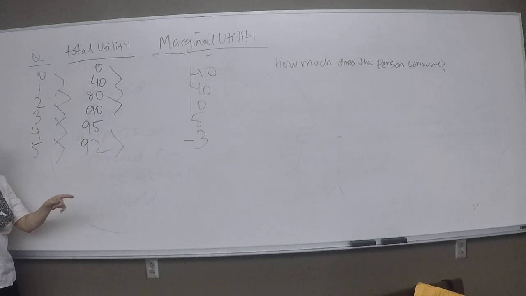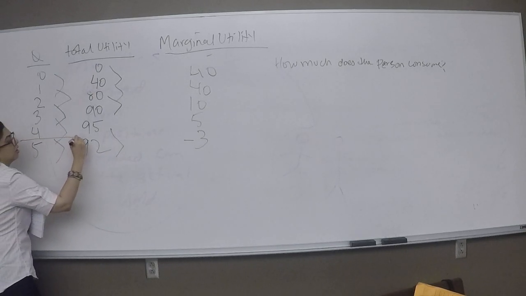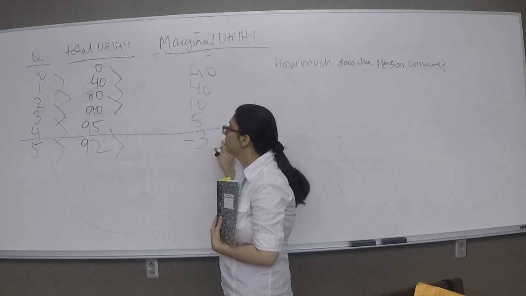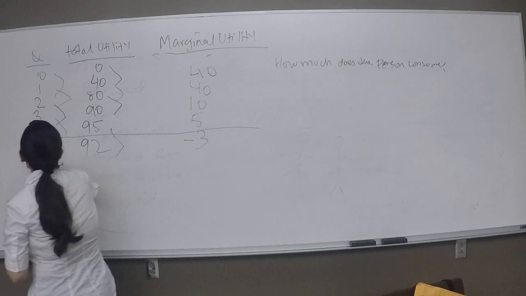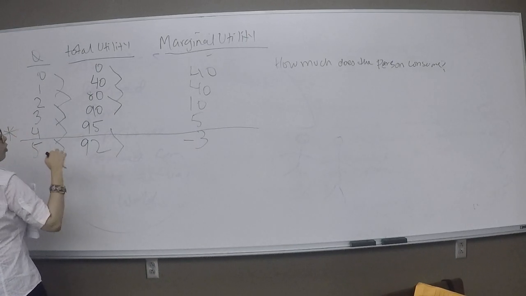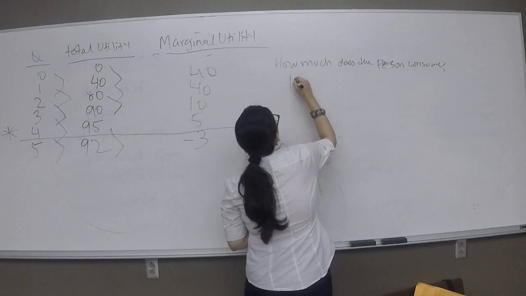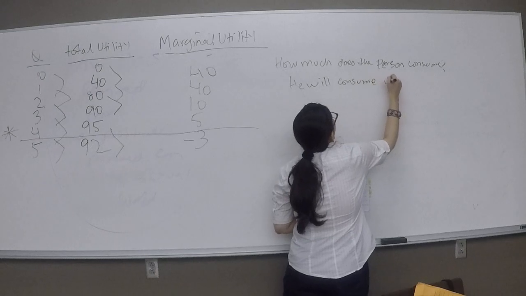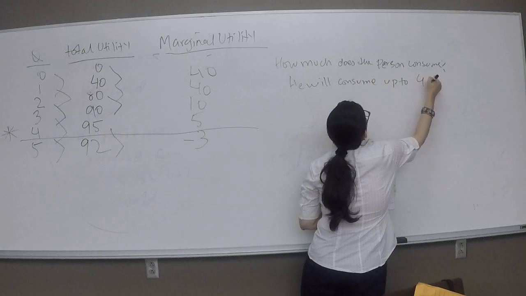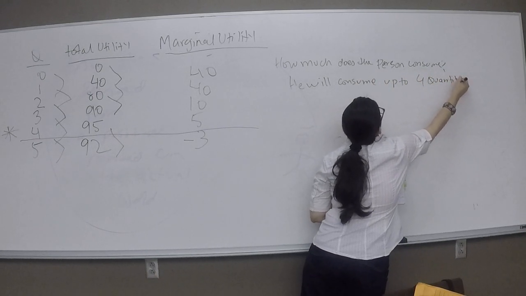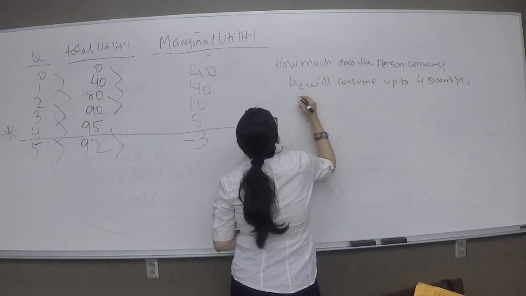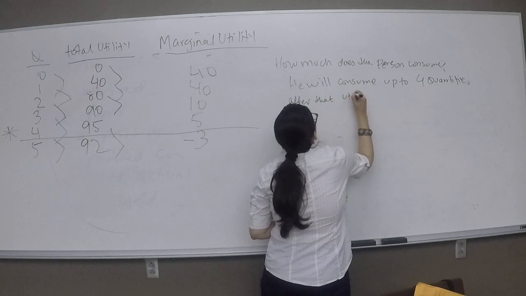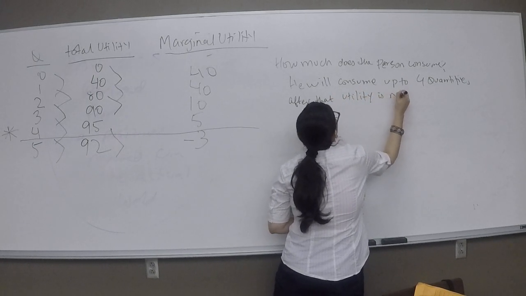Fifth one, he's getting -3. He's going to stop before it gets negative, right? So he's going to do up to 4 activities or consume 4 quantities. After that, utility is negative.